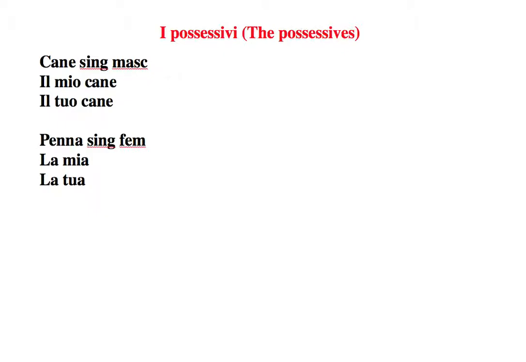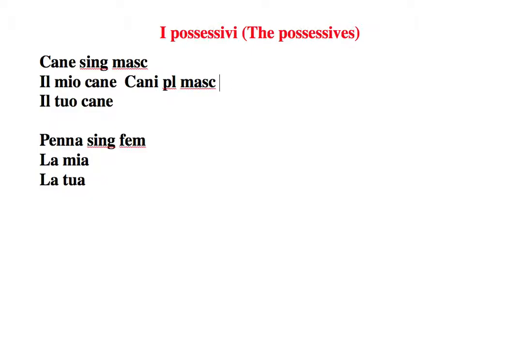So let me just do the plural. So instead of cane, now I want to say cani, dogs, plural. So if I write cani, I know that cani is still masculine but is plural.